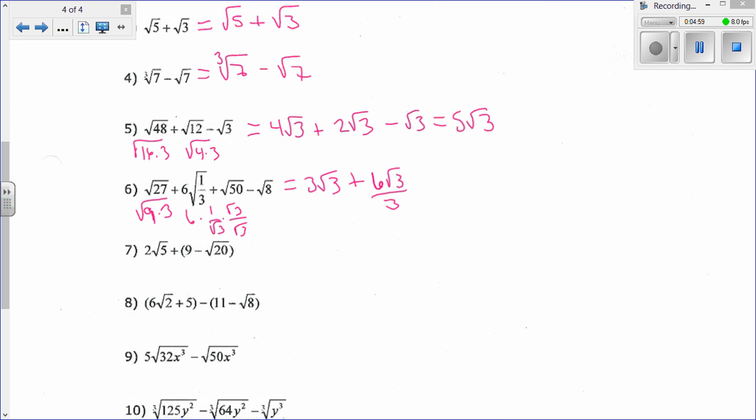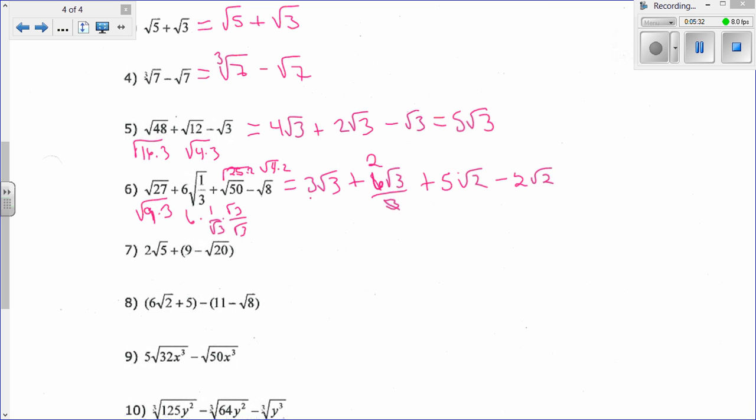Plus 50 breaks down to 25 times 2. So that becomes 5 radical 2. And 8 is square root of 4 times 2. So it's minus 2 radical 2. Now, 6 and 3 can reduce, so 3 becomes a 1 and the 6 becomes a 2.